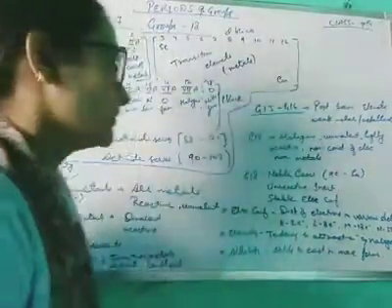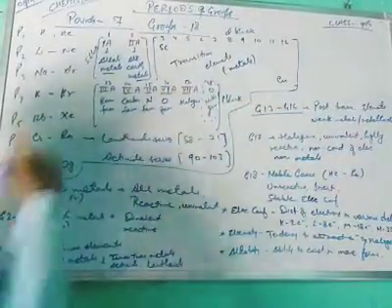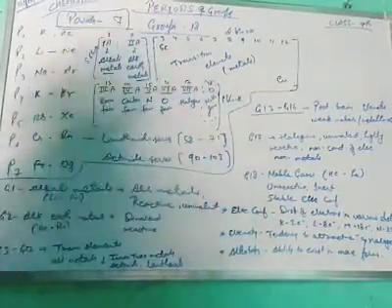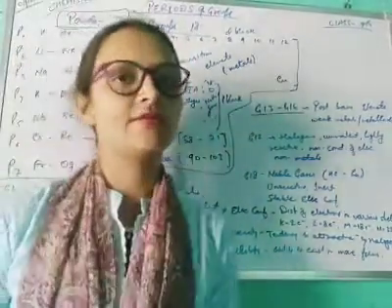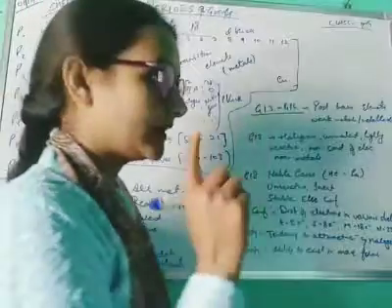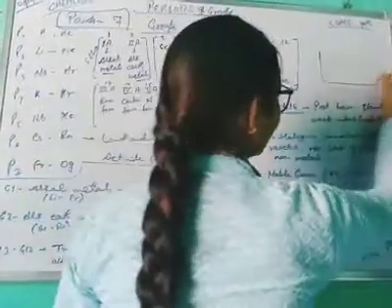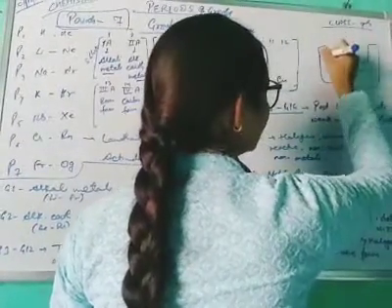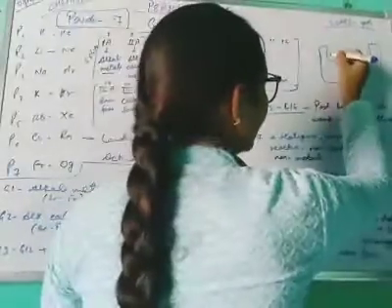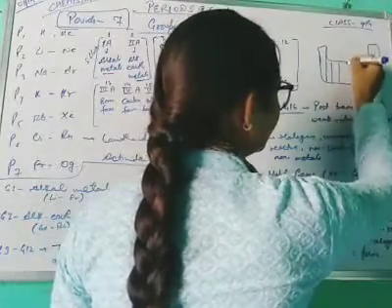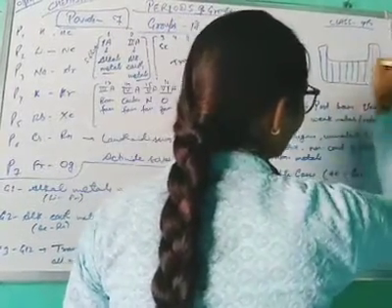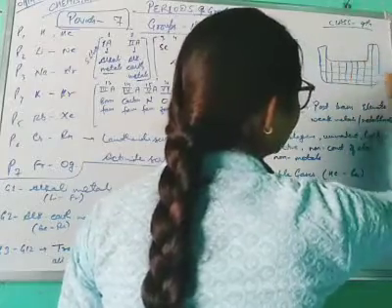So now, see, we have a total of 7 periods. As you know, the periodic table is arranged in a chart with some rows and some columns like this.